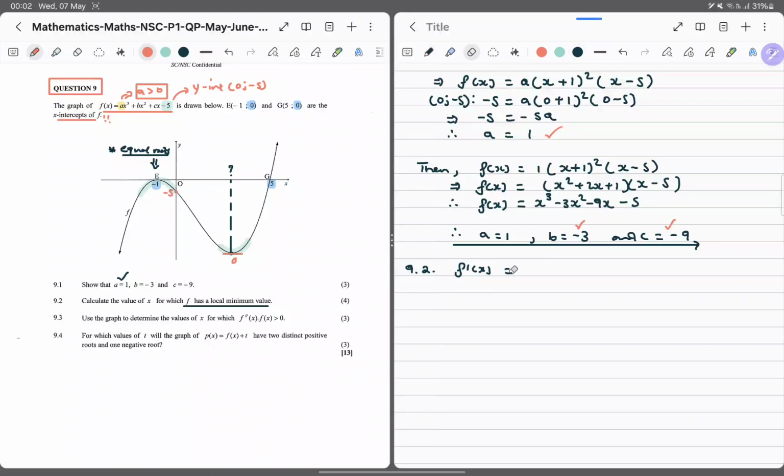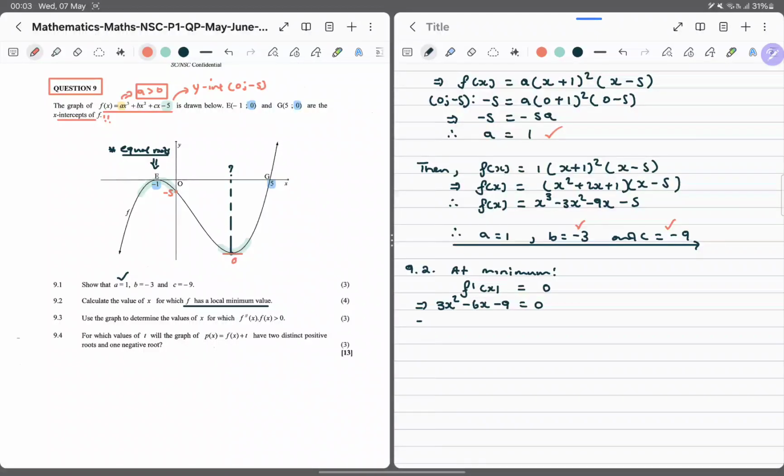Maybe let's just say at a minimum, it is such that f prime of x is equal to 0. Very important. This implies, now we differentiate our expression, we get 3x squared minus 6x minus 9 equal to 0.